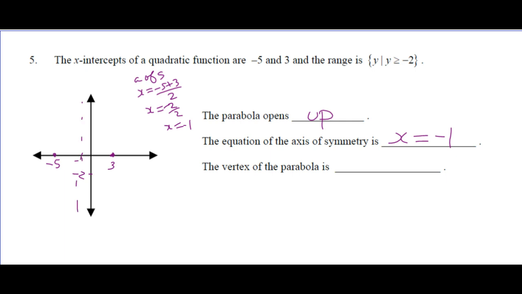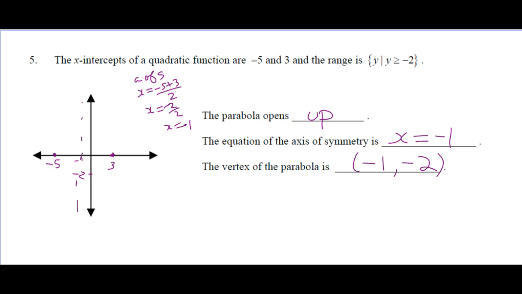Where's the vertex? -1 and -2. Okay, so we found the equation of the axis of symmetry. That gives us the p, the x-coordinate of the vertex.